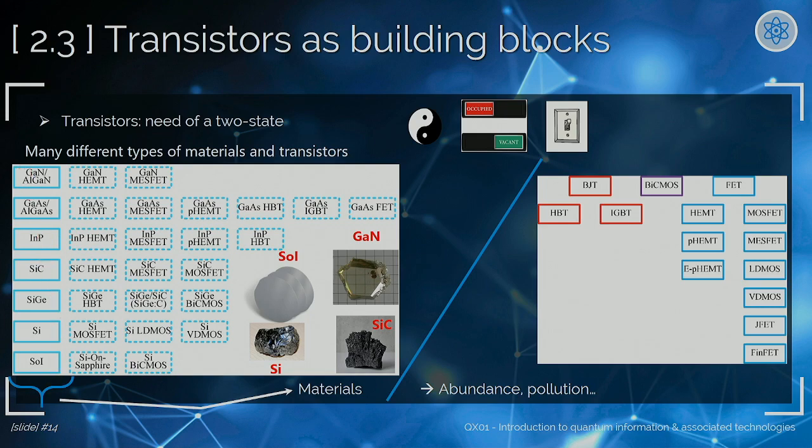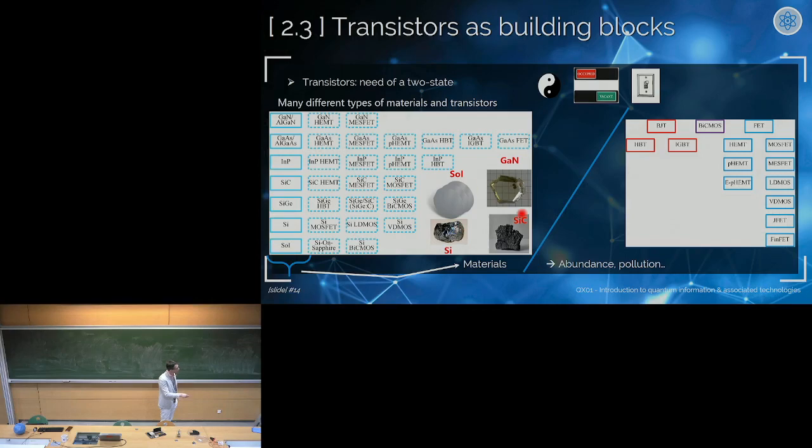What I want to say at this stage is that there is a material science issue here, in particular covering aspects of abundance of materials and also possible pollution due to some of these materials. Okay, so there is a real issue as well, although this is not the topic, just to be aware that behind engineering there is a lot of material science, and at some point the computing science.